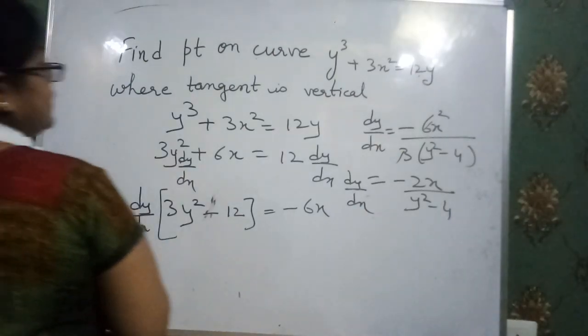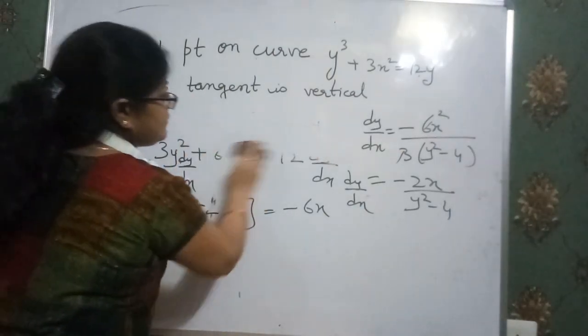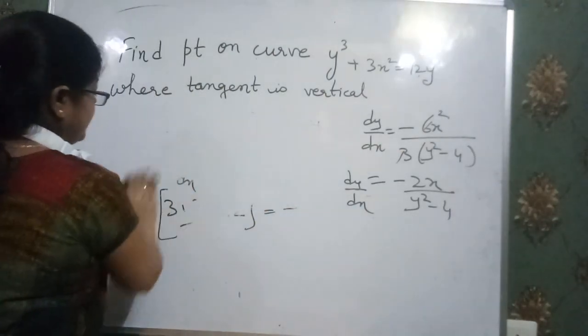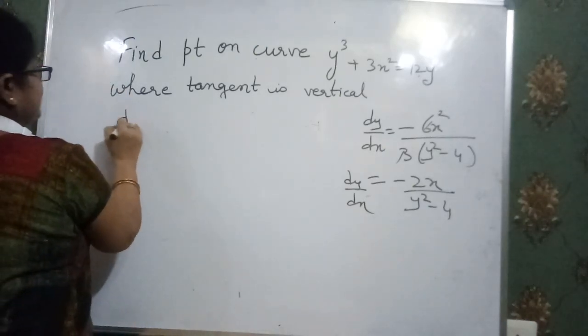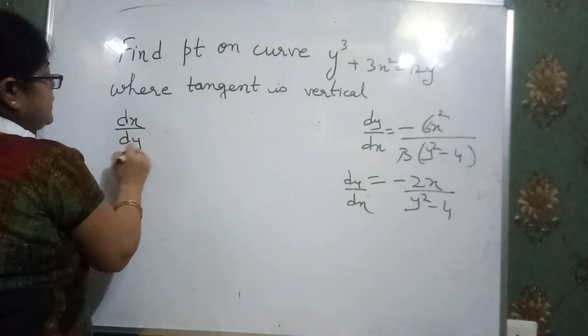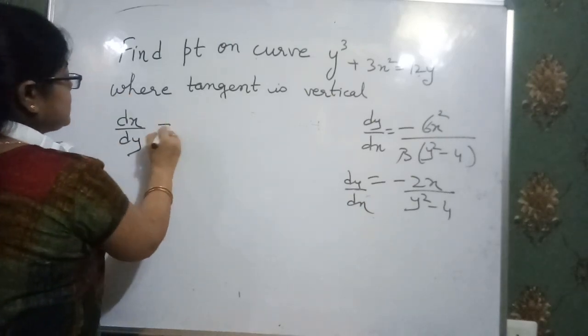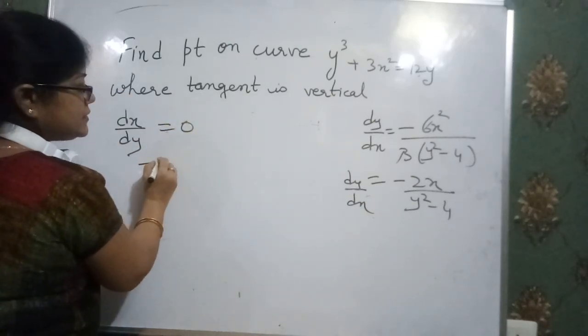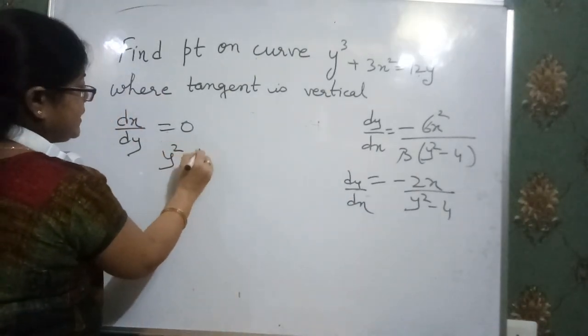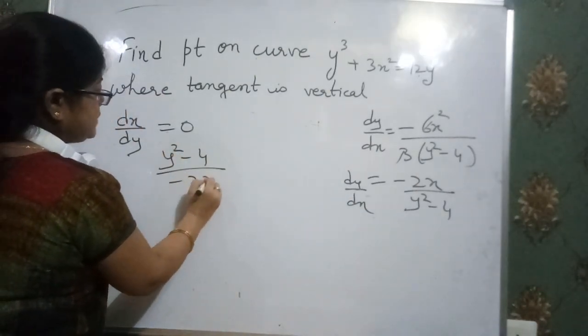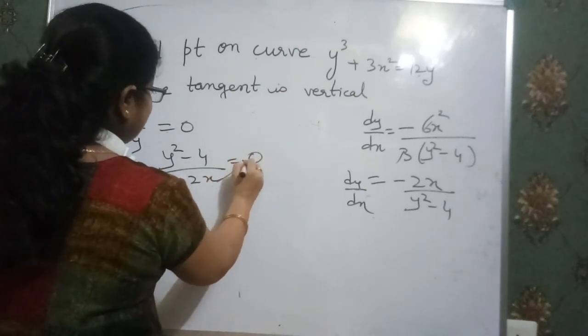Clear? Now, second step, what we have to do, we have to find the vertical tangent. For the vertical tangent, we have dx over dy is equal to 0. So we just take the reciprocal of that. That means we have y square minus 4 over minus 2x is equal to 0. It gets cancelled.